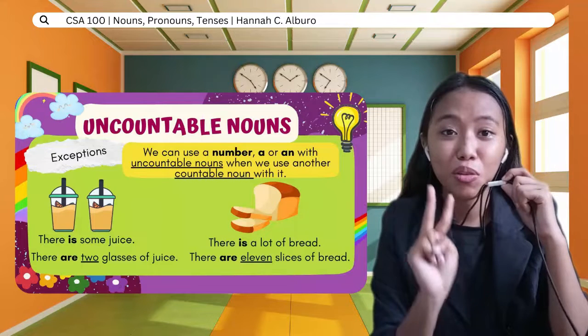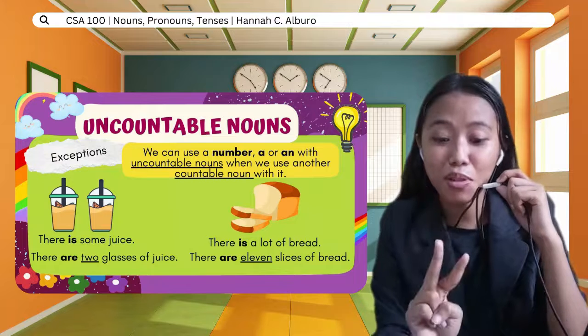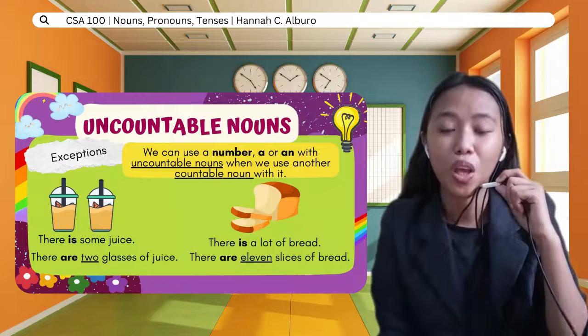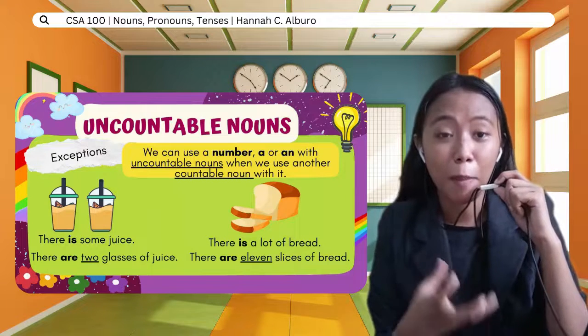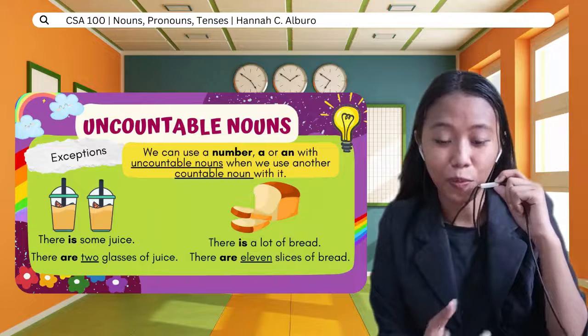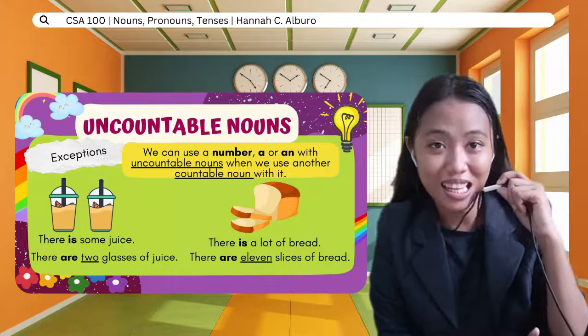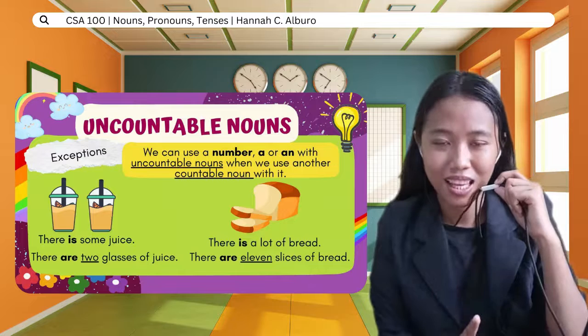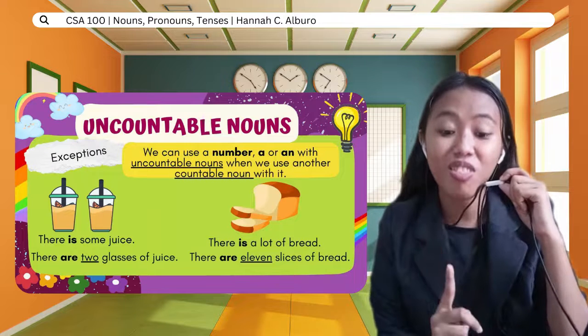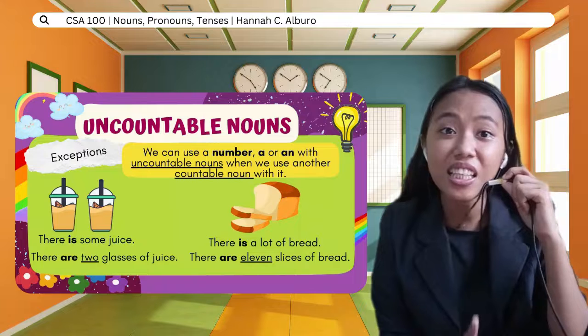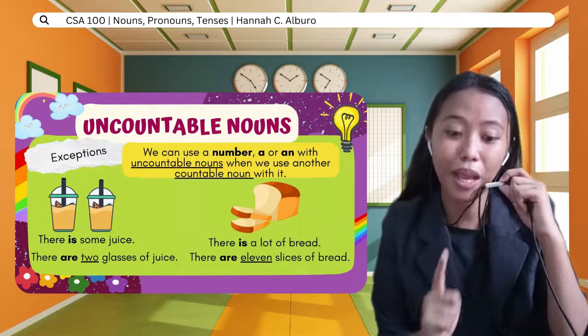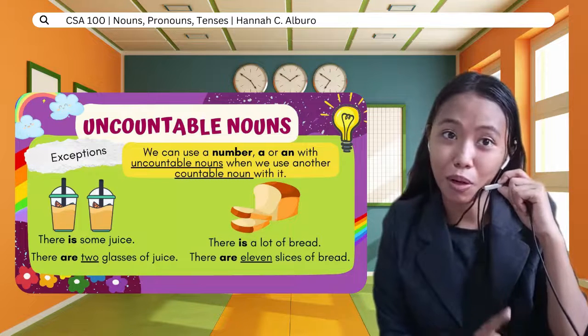We have used the number 2. Then, may bagong word na lumitaw. We now have the word glasses. So glasses is another noun. It is a countable noun paired with the uncountable noun juice.